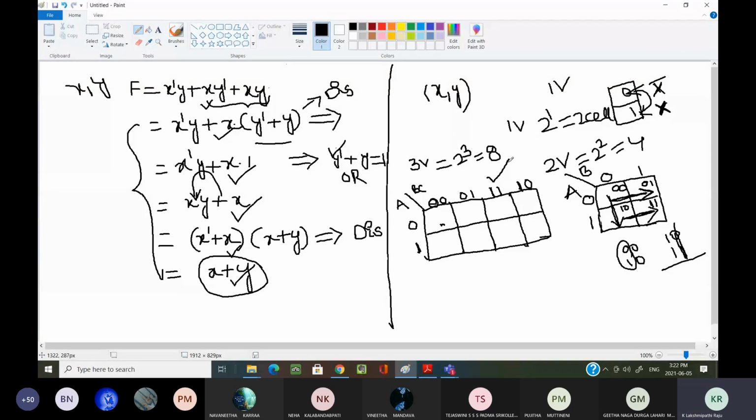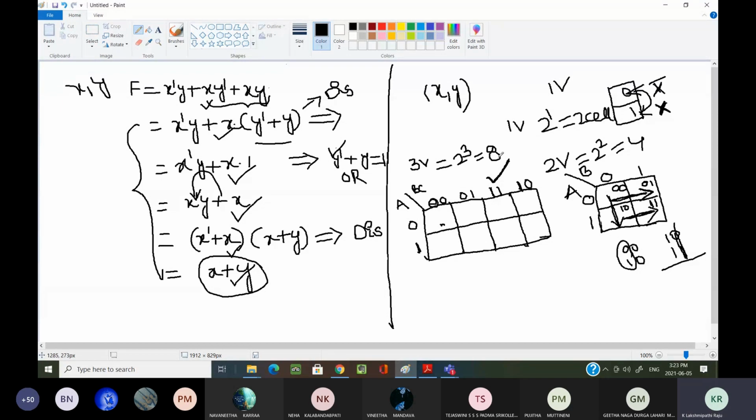To achieve the property we have discussed, if you consider every adjacent cell horizontally or vertically, it should satisfy the property that every adjacent cell will differ by only one value. In order to satisfy that condition, definitely the third column you should write as 1, 1.